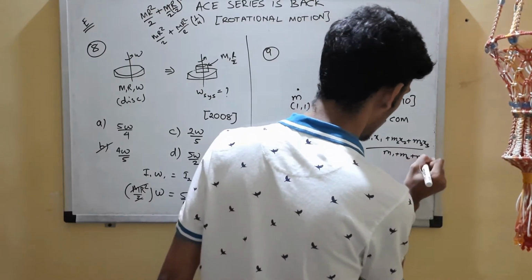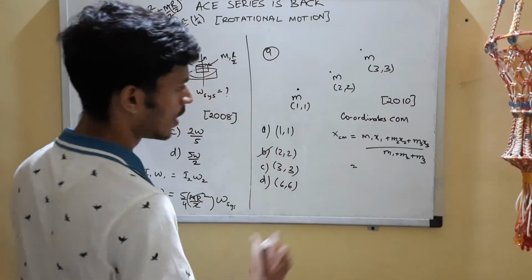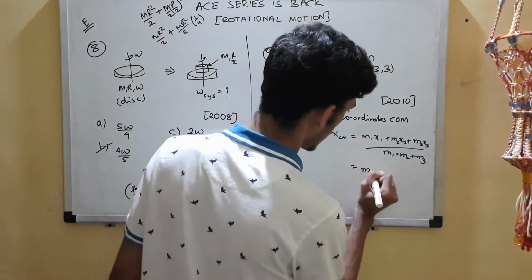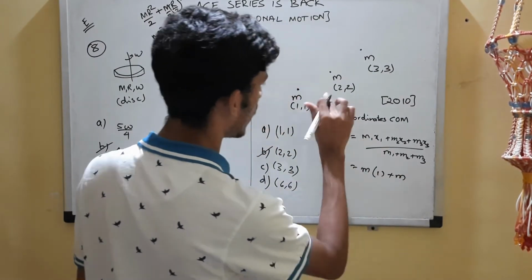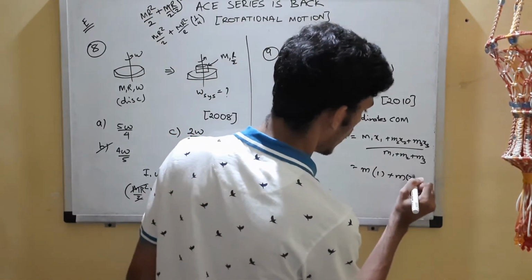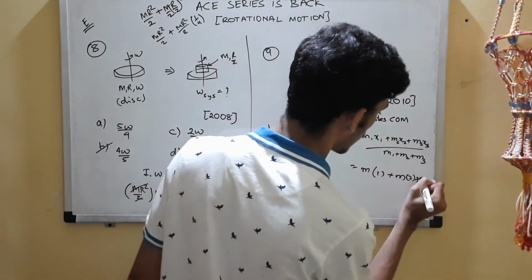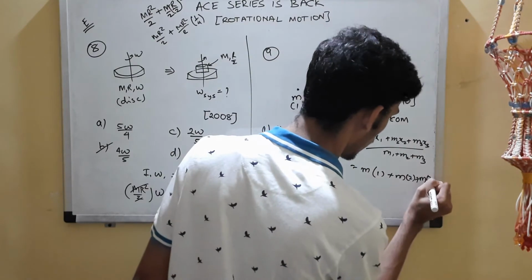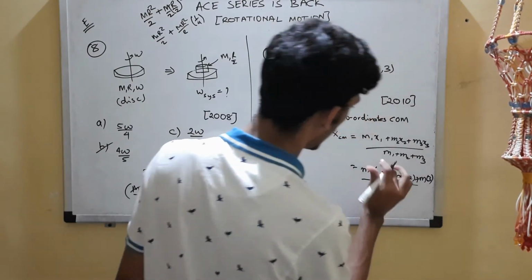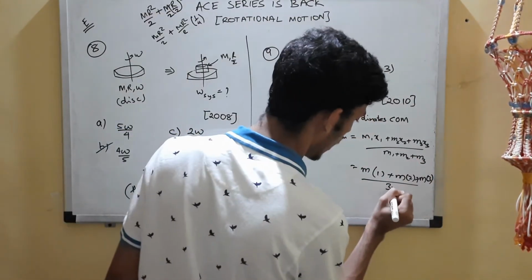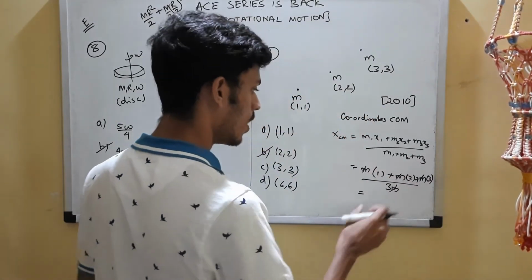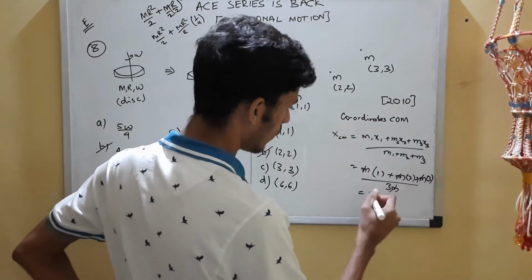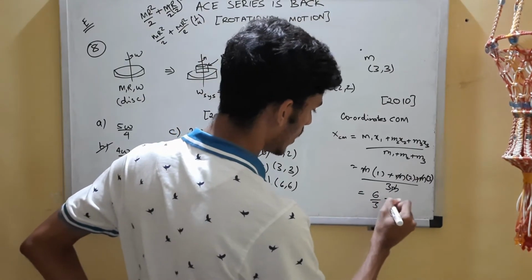So x cm, the x coordinate of the center of mass, is given as m1 x1 plus m2 x2 plus m3 x3 upon the sum of the masses, m1 plus m2 plus m3. That is the formula. We'll just use it. m1 is m with x coordinate 1, m2 is m with x coordinate 2, m3 is also m with x coordinate 3. The denominator will be m plus m plus m, that is 3m. m can be cancelled out throughout, so this gives 1 plus 2 plus 3, that is 6, and 6 by 3 is 2.